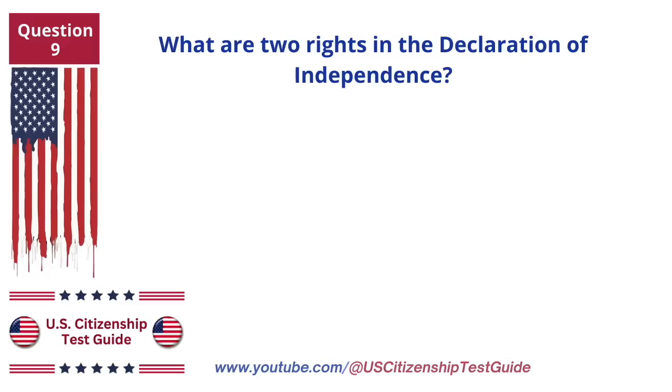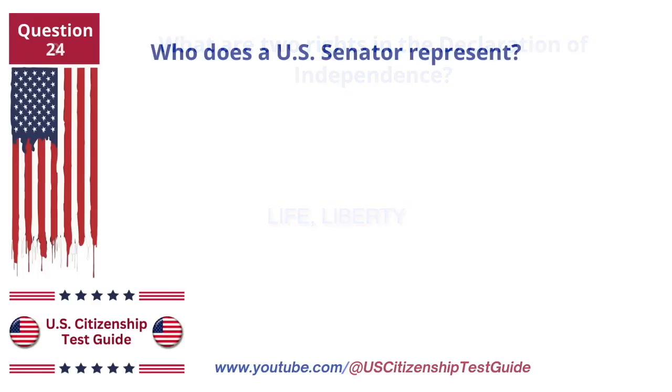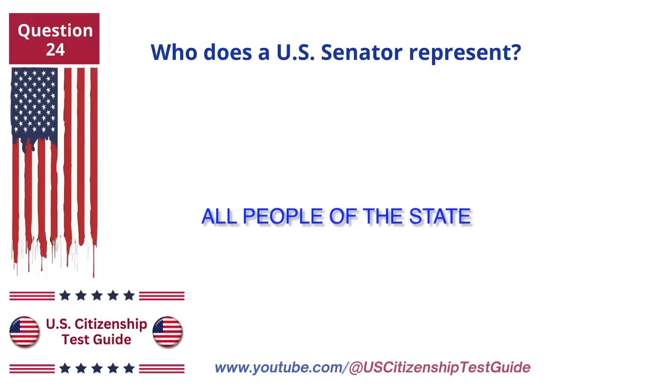What are two rights in the Declaration of Independence? Life, liberty. Who does a U.S. Senator represent? All people of the state.